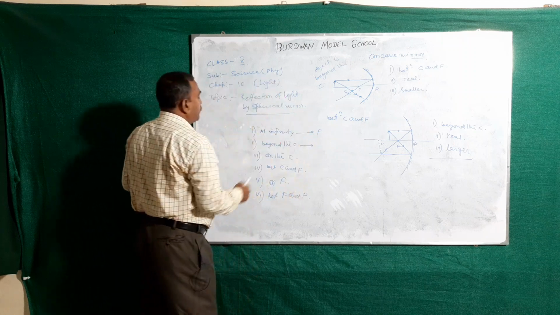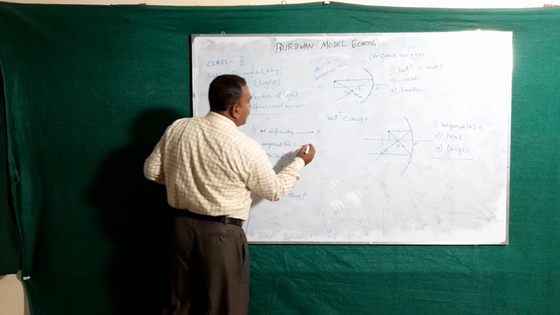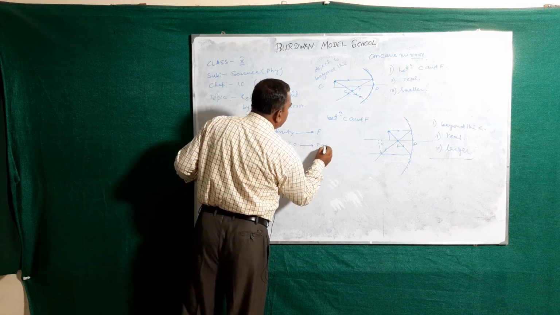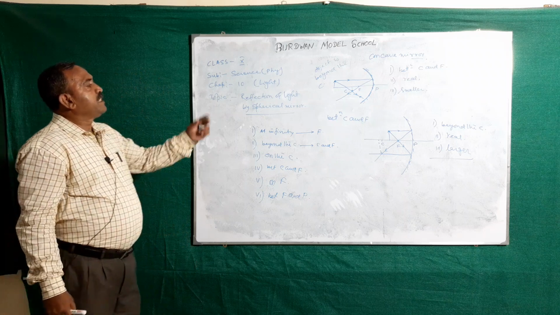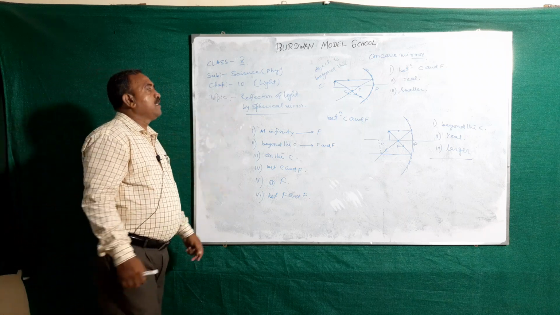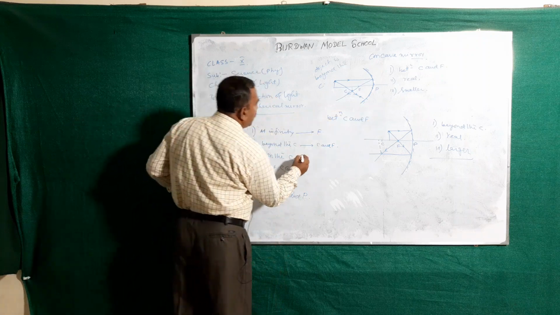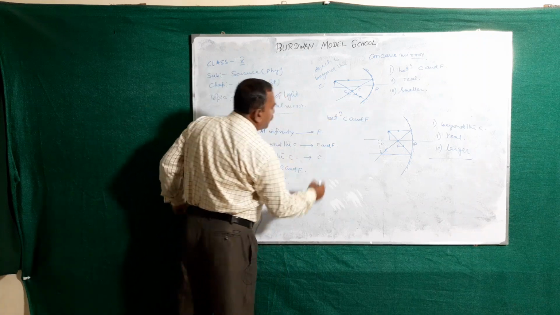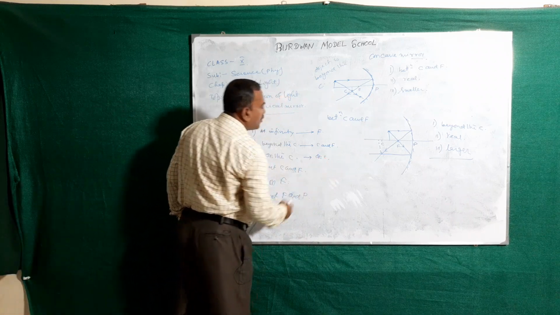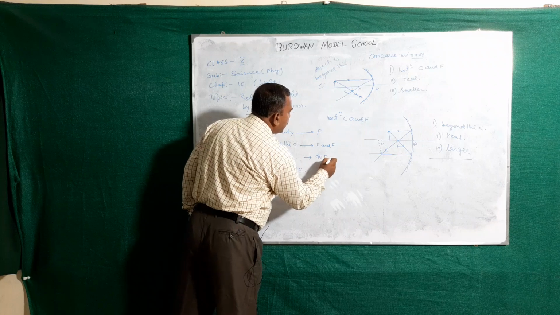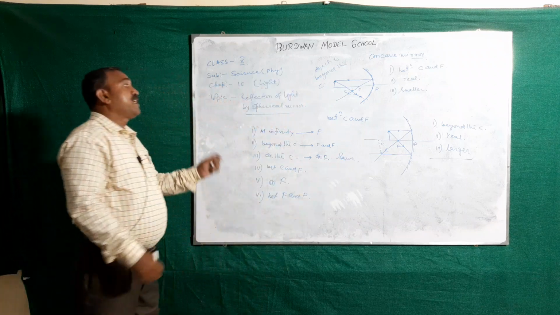If the object is placed beyond the C, the image will form in between C and F, and the nature of the image will be real and smaller. If the object is placed on C, the image will form on C, and the size of the image will be the same size.